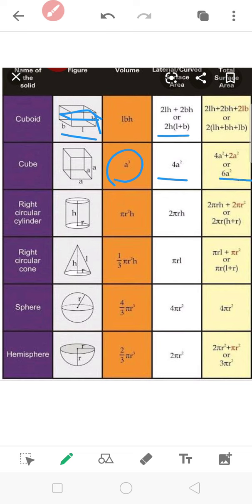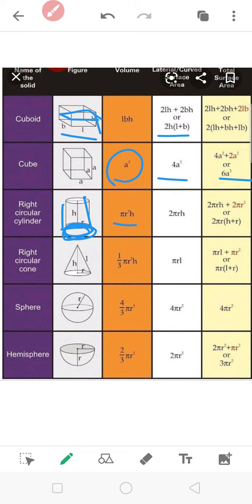Next, right circular cylinder. The volume is base, pi r square, multiplied by h. So pi r square h is the volume. And 2 pi r h: the circumference of the circle is 2 pi r, and multiplied by h, it is the curved surface area. The lateral surface we call curved for a cylindrical object.